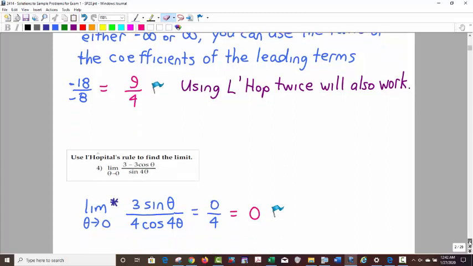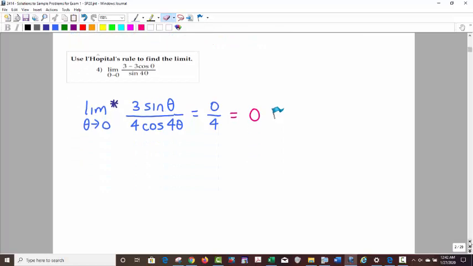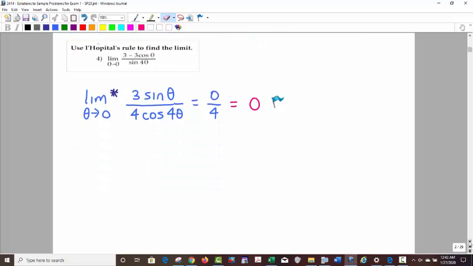Okay, let's see what we got here. Theta approaches 0 of 3 minus 3 cos theta over sine of 4 theta. Obviously plugging 0 in there, when you plug 0 in, we get 3 minus 3 on top. Sine of 0 is 0, so it's definitely 0 over 0.